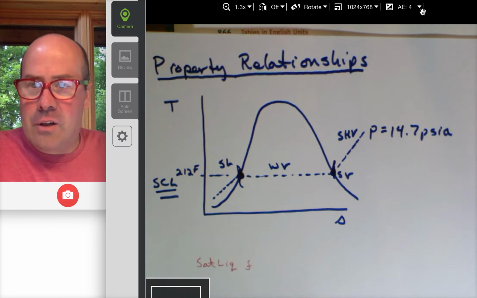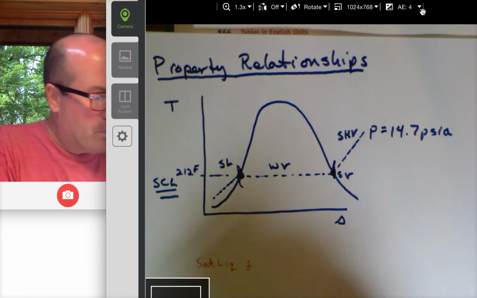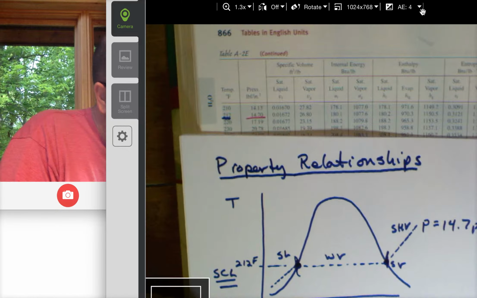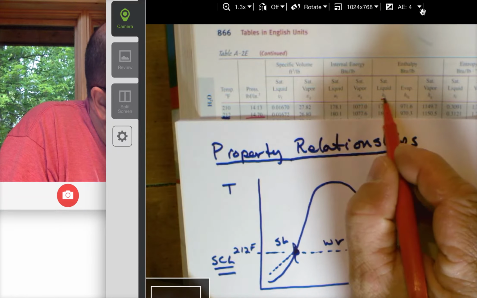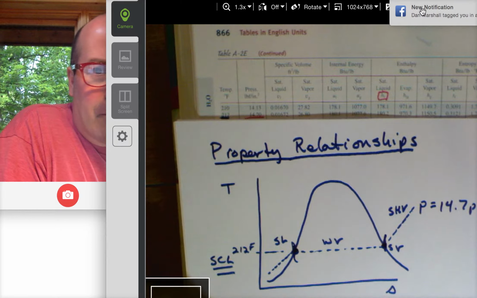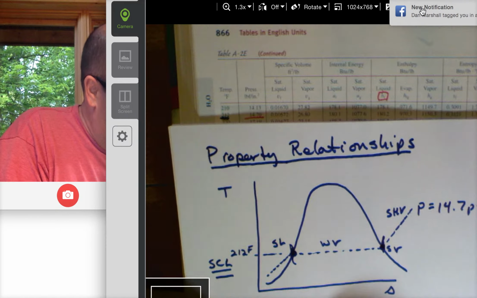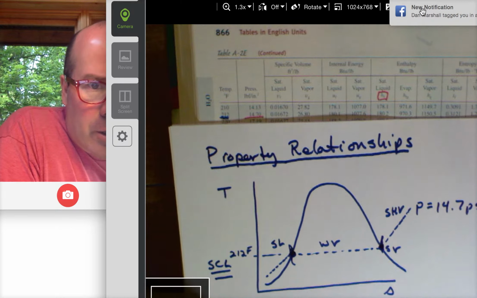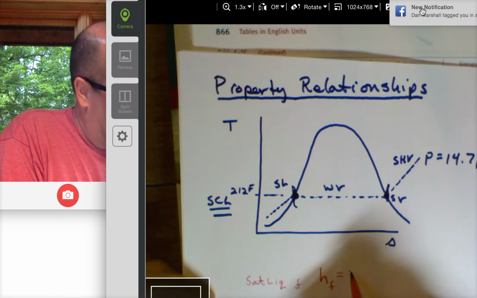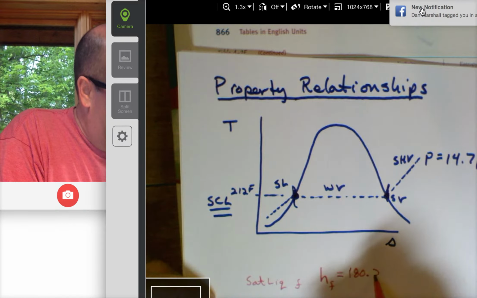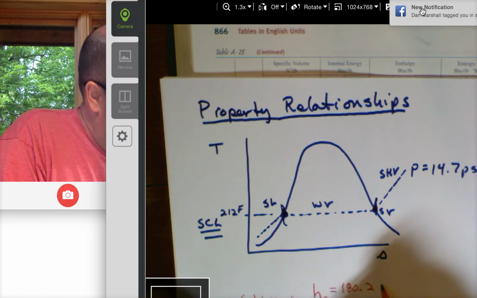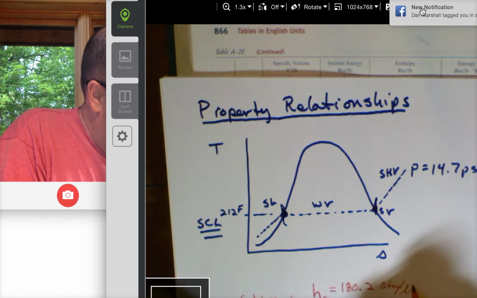So if we stick with enthalpy, it's all about the h. So if we find h sub f, and we can do that right here, h sub f, right above that it says saturated liquid. For 212 and 14.7, h sub f is 180.2. And notice that the units are up there as well, BTUs per pound.